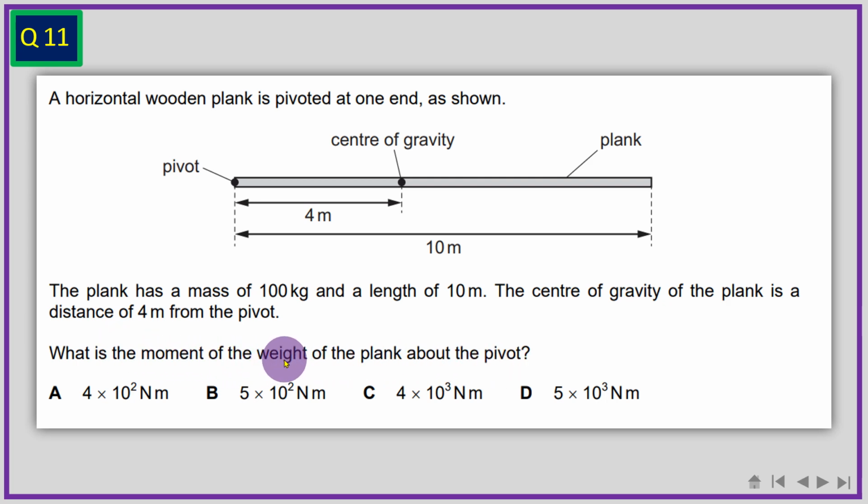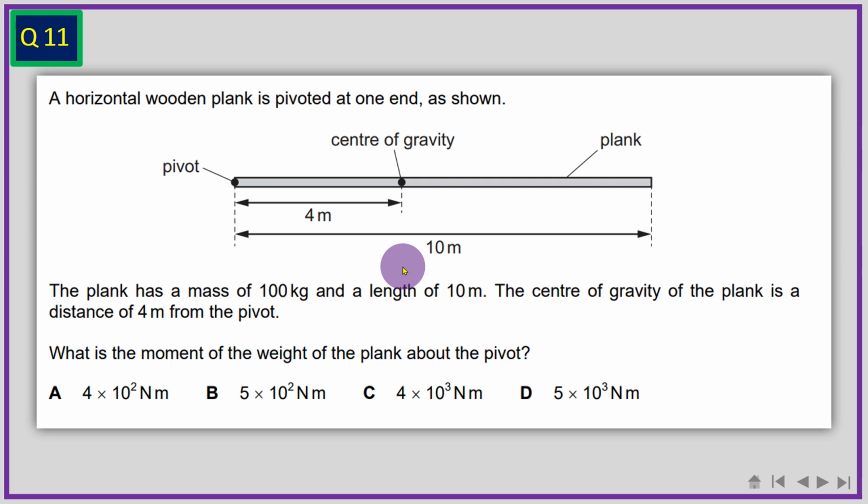Moment of the weight of the plank about the pivot, because we always take moment about a point. The weight of an object usually acts through its center of gravity. So this is the center of gravity or the center of mass of this plank, and this is where the weight of the plank is going to act.